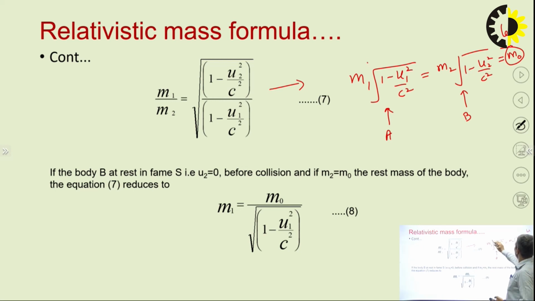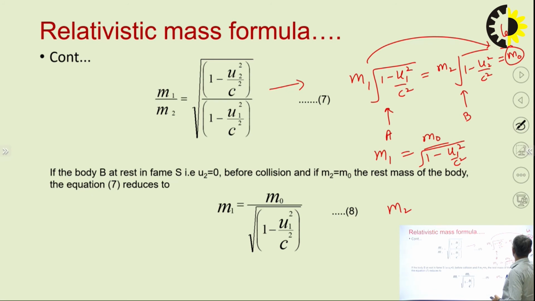So, from these two equations we get m1 is equal to m naught divided by under root of 1 minus u1 square by c square, and from these two equations m2 is equal to m naught divided by under root of 1 minus u2 square by c square.